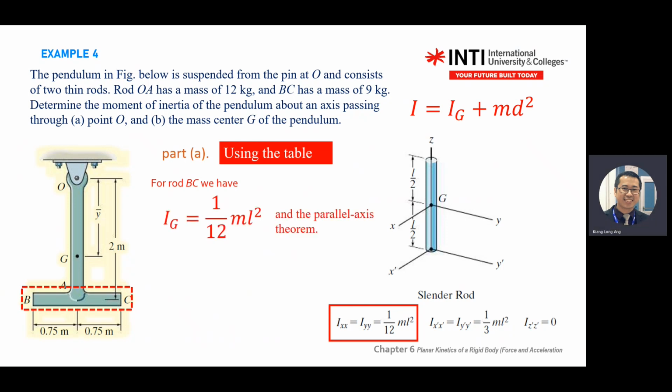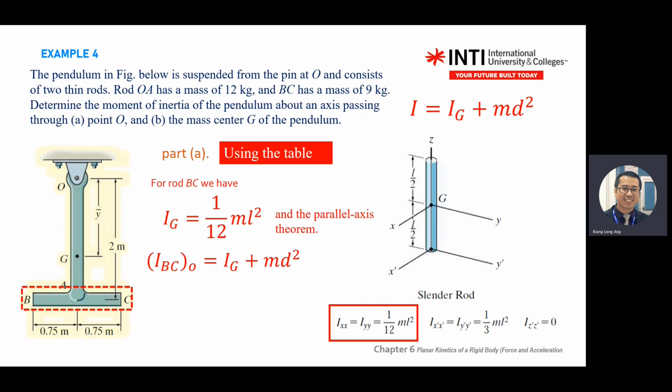So for rod BC, straight away you use IG equal to half ml squared. What is the L? 0.75 times 2. What is the L? Here to here. Again, if you use this G, you have to use back I equals IG plus MD squared.